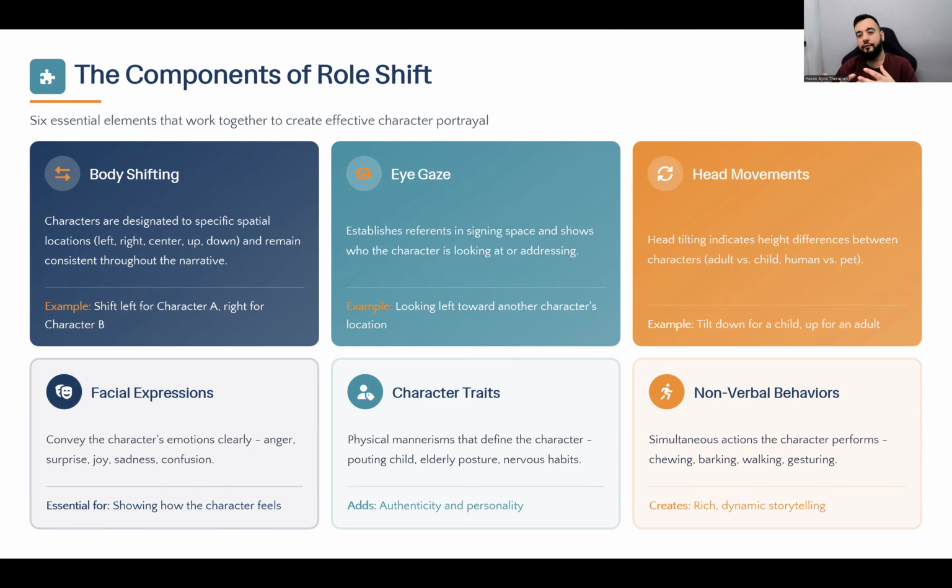And also on non-verbal behaviors, non-manual features are used to show emotions, and the non-manual features could show non-verbal behaviors, how they're walking, how they're gesturing, the chewing, the barking. And this adds a huge dynamic to your storytelling.